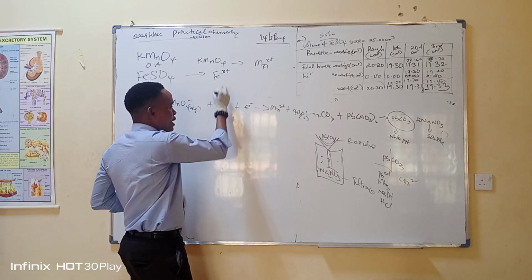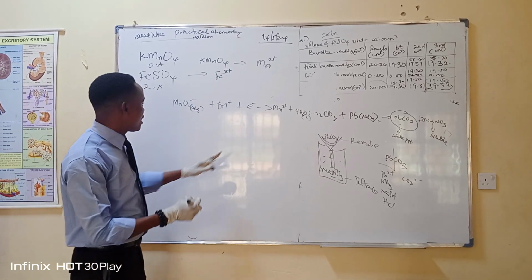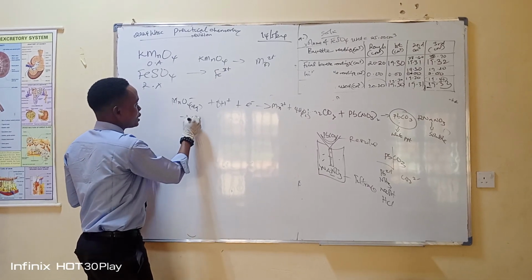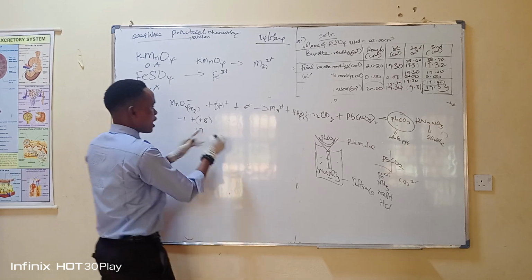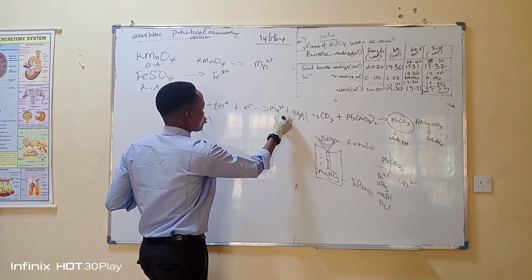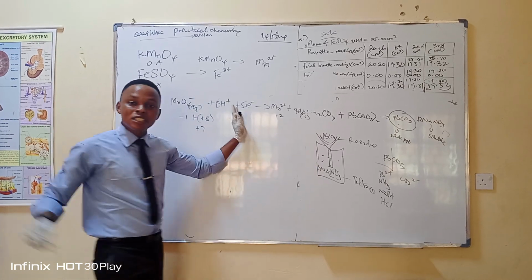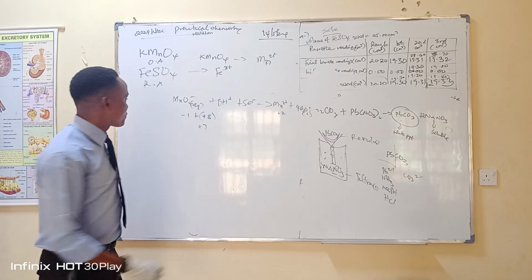You now use that to balance the charges. You have -1 plus 8, so you have +7, and here you have just +2. So to balance that, you have 5 electrons here. If you need clarification on how to do that, you can just chat me up.